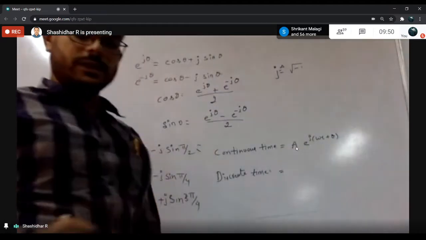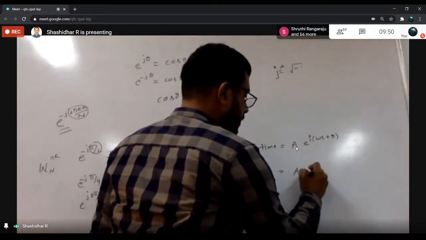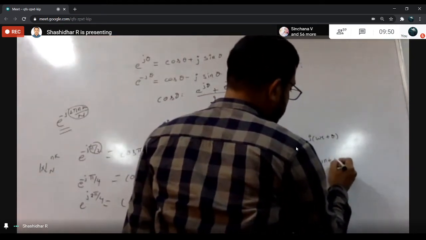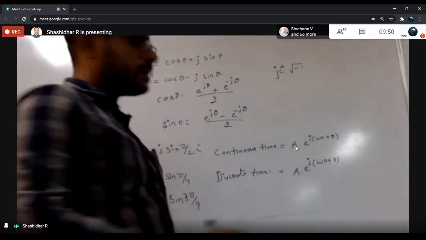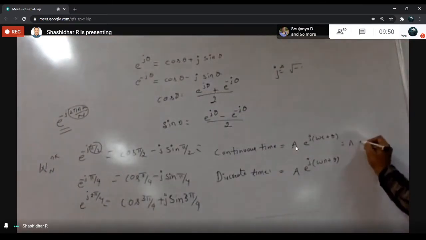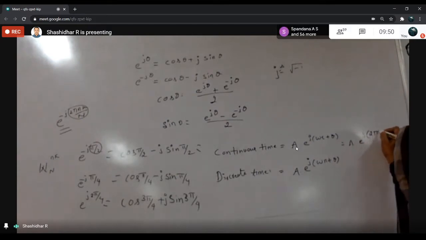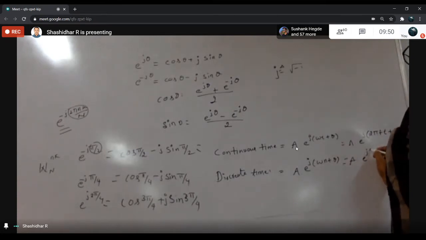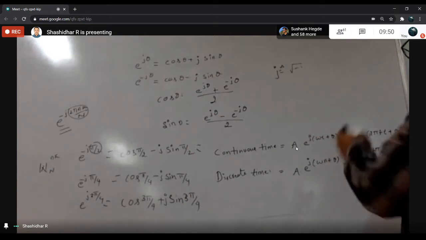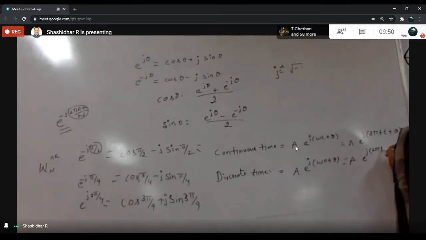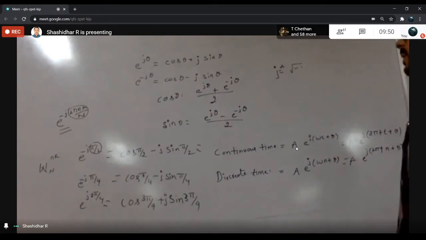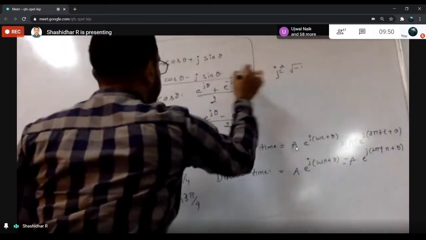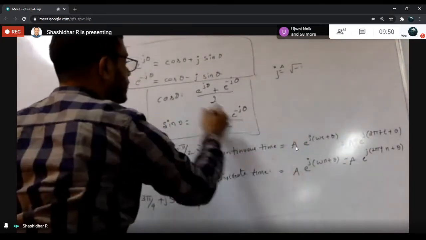For discrete time, A into e to the power of j (omega n plus theta). Right? What is the omega value? Omega is 2 pi f in continuous time and discrete time. These are the equations. At least you should know these equations when you are solving the DFT and FFT.